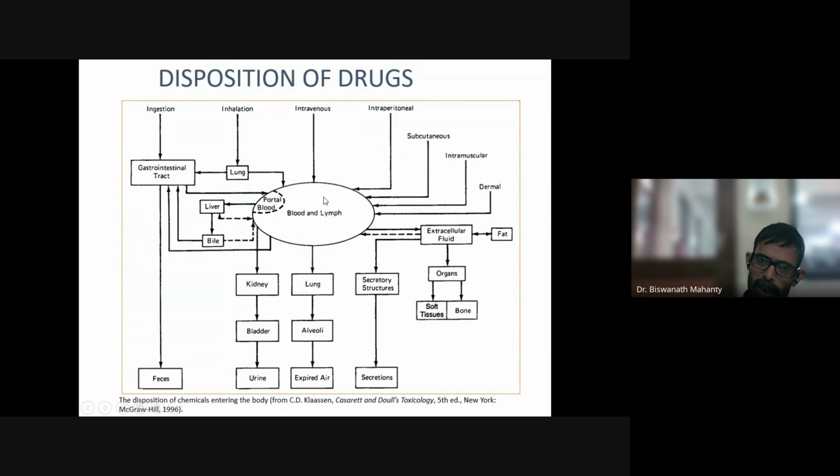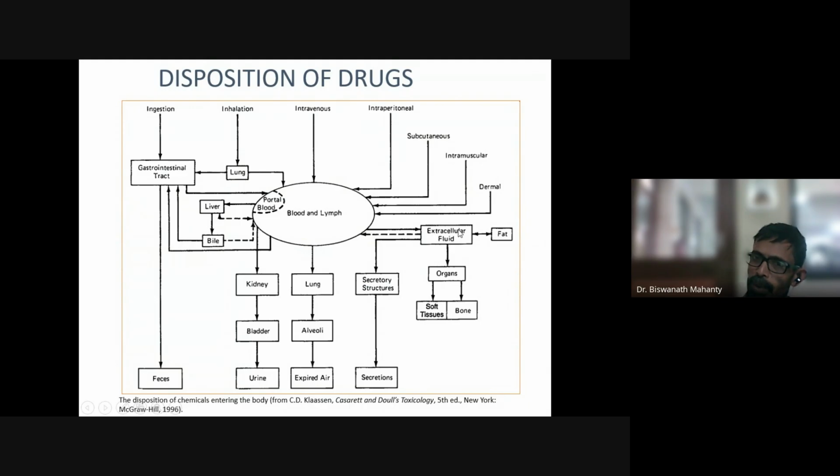So there are different modes by which the drug comes in, and the drug can be lost through the kidney, bladder, and urine, and through the lungs, alveoli, and expired air, which is what we do during respiration.